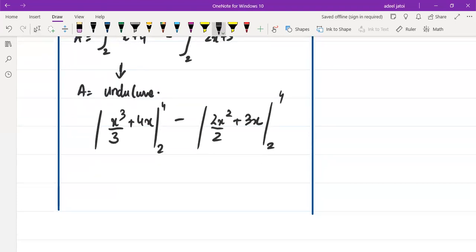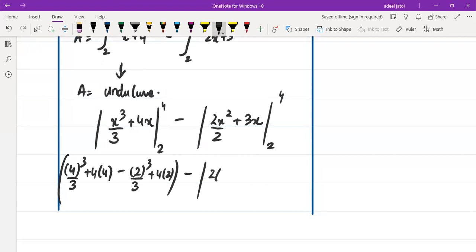So we can substitute the values. 4 cube upon 3 plus 4 times 4, minus 2 cube upon 3 plus 4 times 2. And then minus 2 times 4 square upon 2 plus 3 times 4, let's just cancel this down, and this should be 2 times 2 square upon 2 plus 3 times 2.